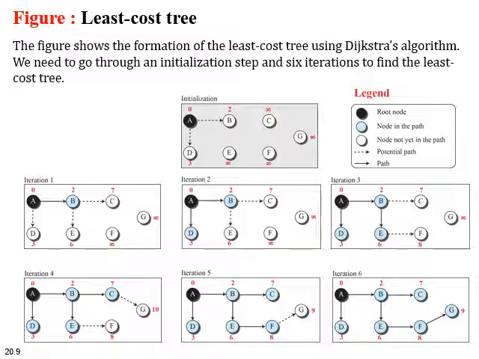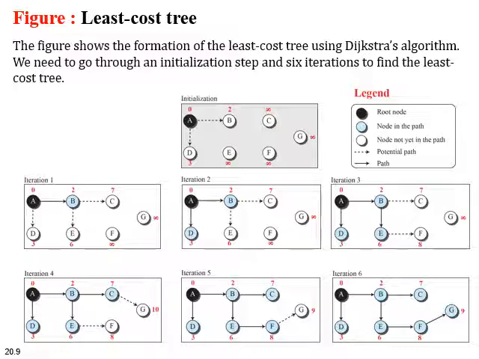Then from this it computes its immediate node, which is 10. I can reach 10 from A with a cost of 10. And coming from this node, that is E node, with what cost can I reach F?